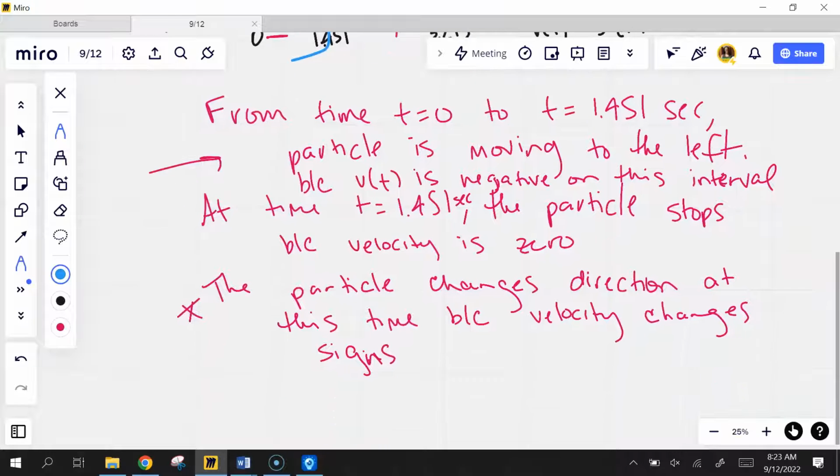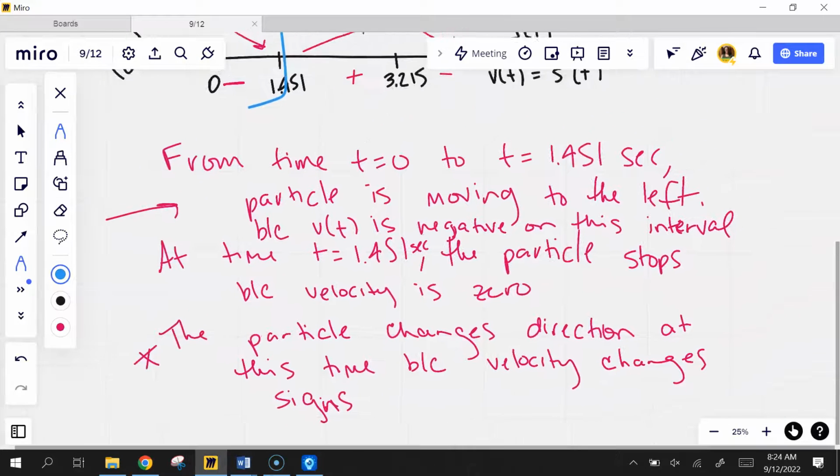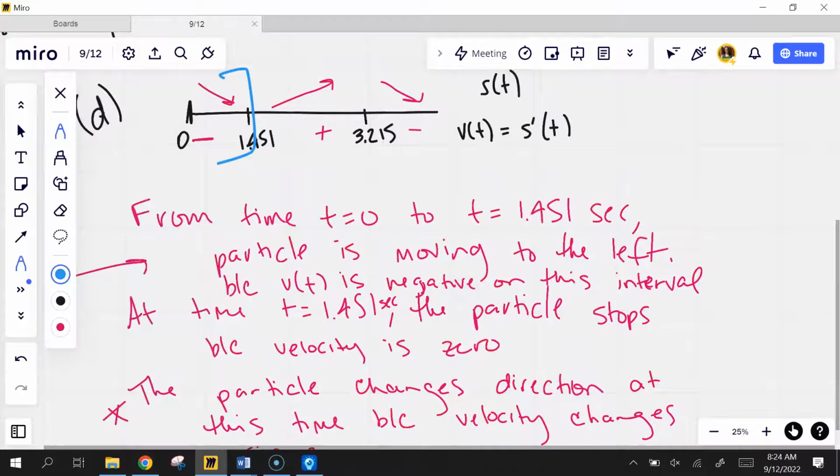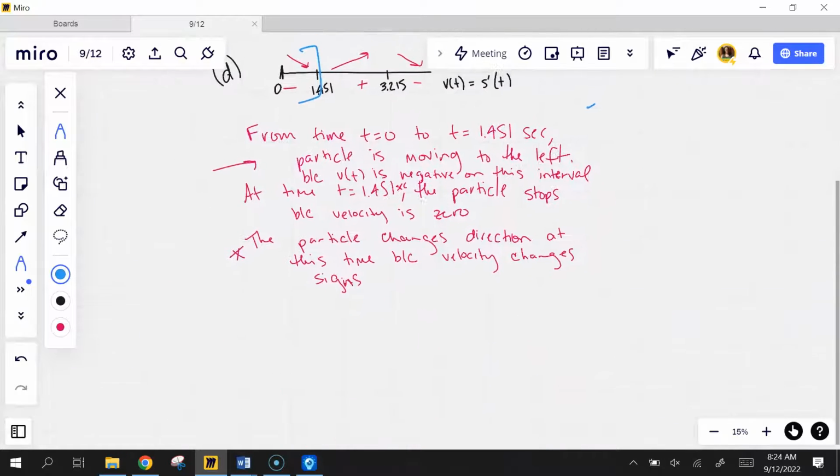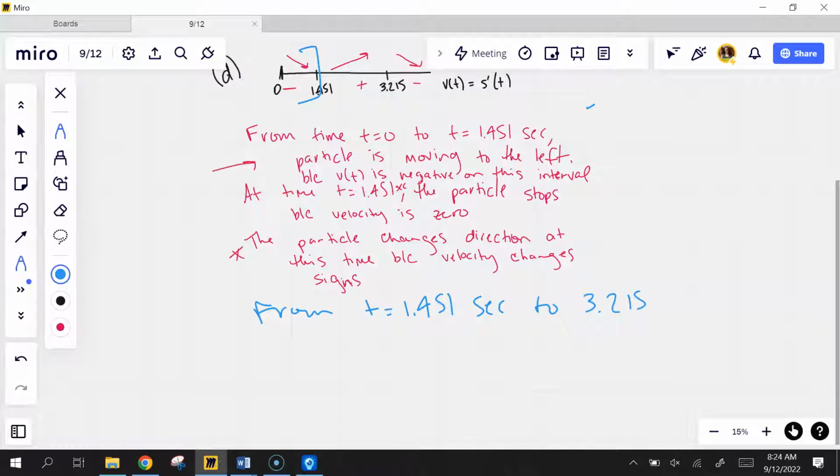Then I would say from 1.451 seconds to 3.215 seconds, what's the particle doing? Right or left?